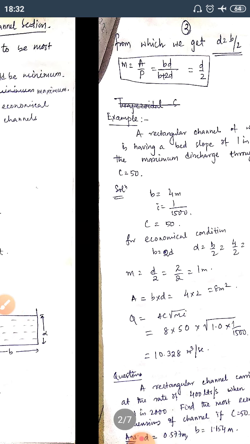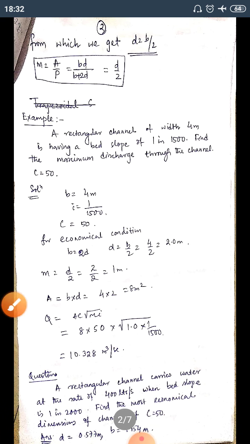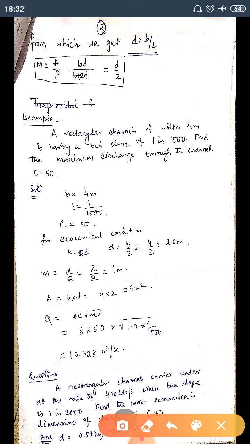Then for most economical, we calculate B is equal to 2D. From that, D is equal to 2 meter, m is equal to 1 meter, A is equal to 8 meter square, Q is equal to AC into root of mi. From that, we will get 10.328 meter cube per second.